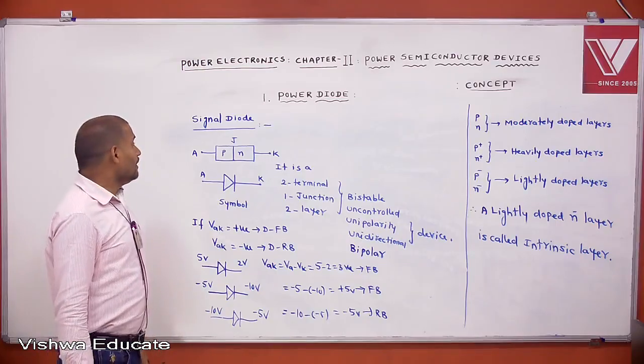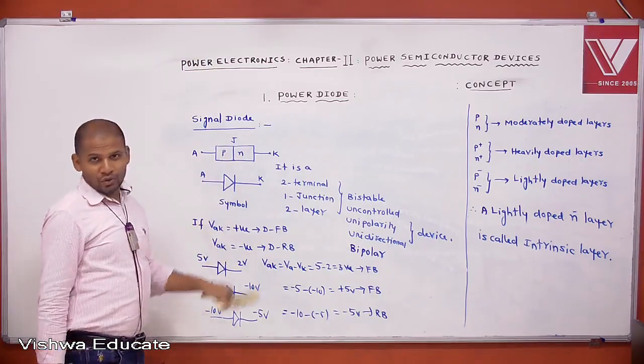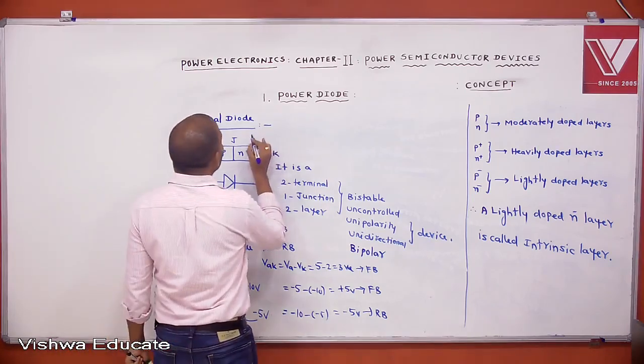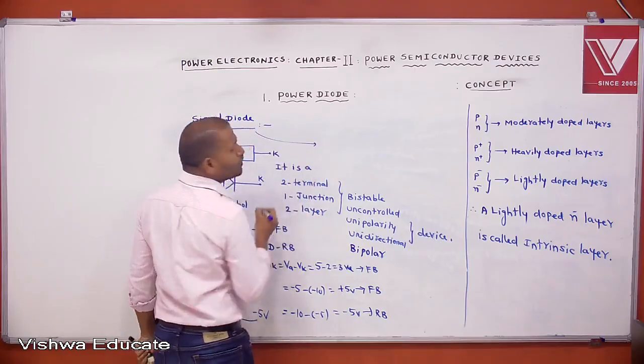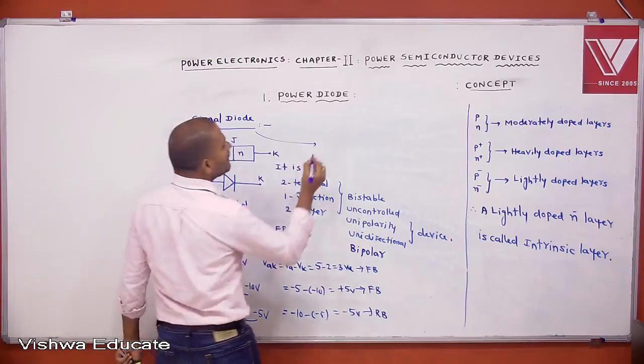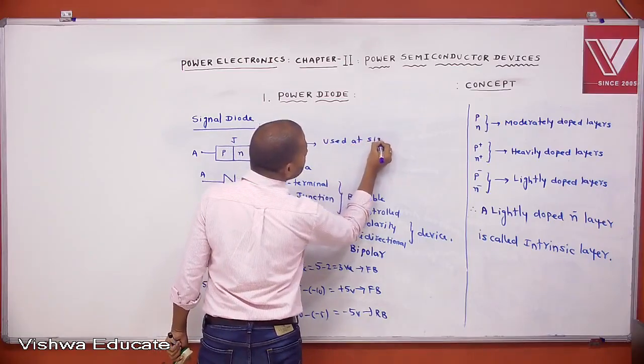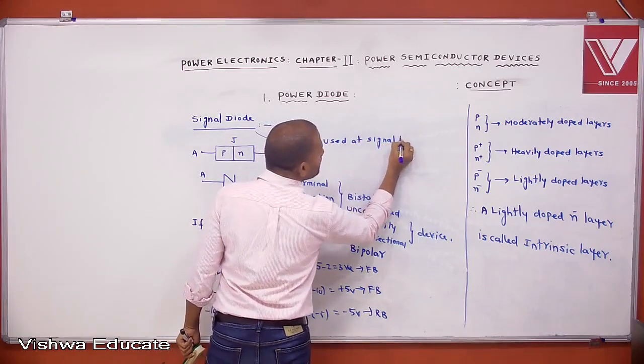The name given is signal diode. These diodes are used at signal level.